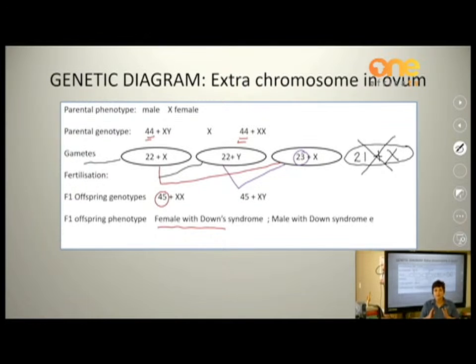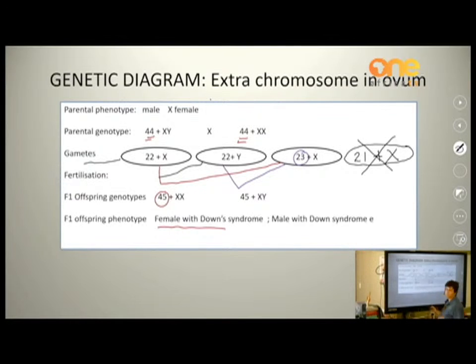That happens when we have meiosis in the female. Instead of the 23 pairs splitting, one to that side, one to that side, during meiosis, it's not moving. 2 is moving to this side and none to that side. And then there are 21.